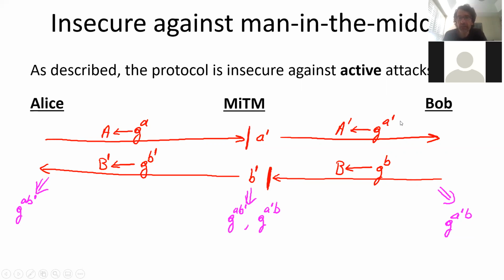So by that token, if man in the middle just follows Bob's algorithm, he's going to establish a key with Alice, just like Bob would.